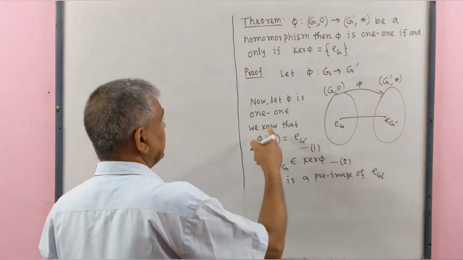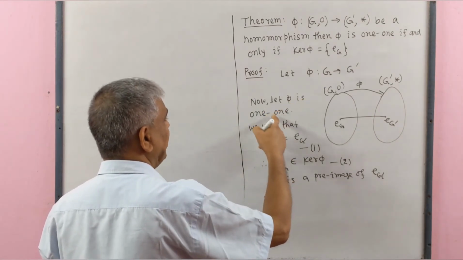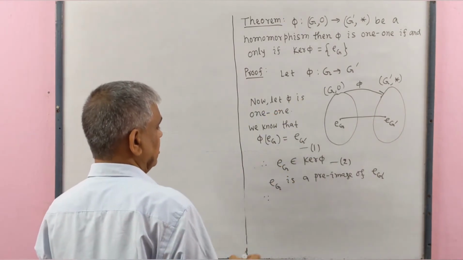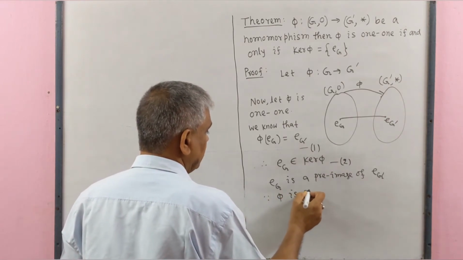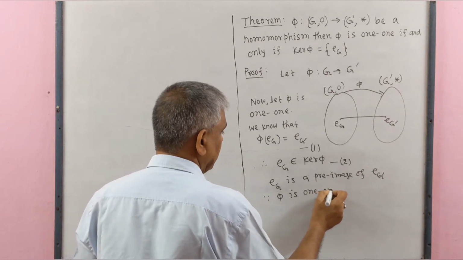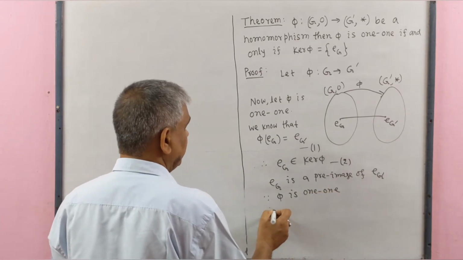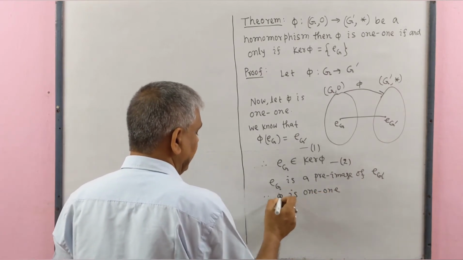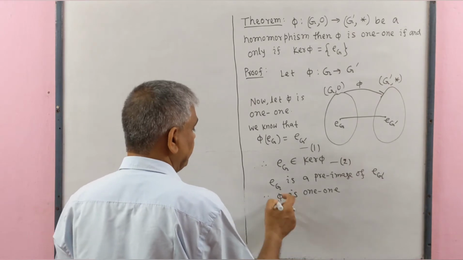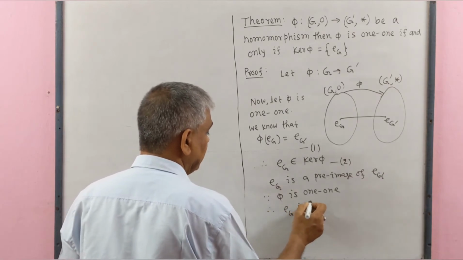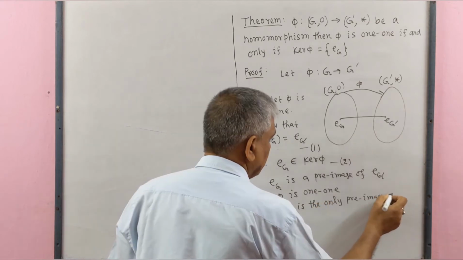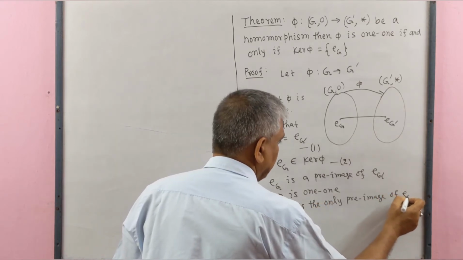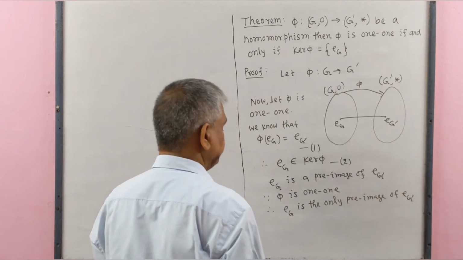Since given that phi is 1-1, therefore the identity element EG of group G is the only pre-image of the identity element of G prime.